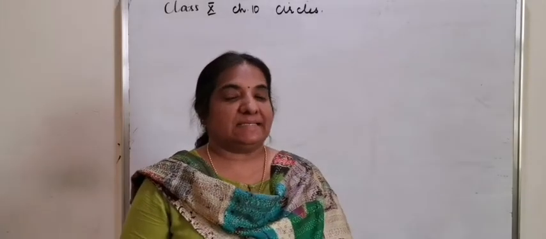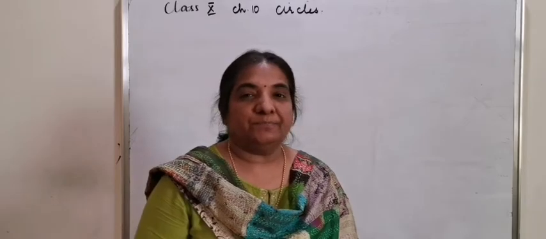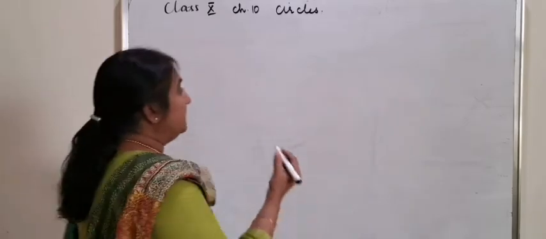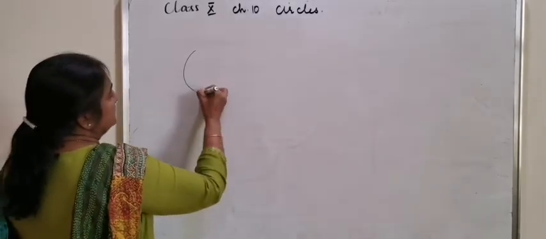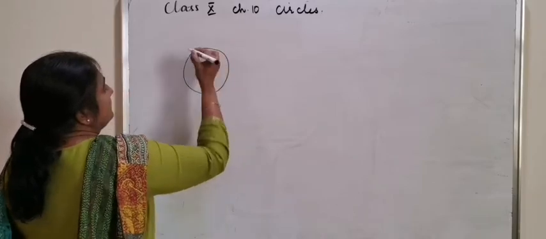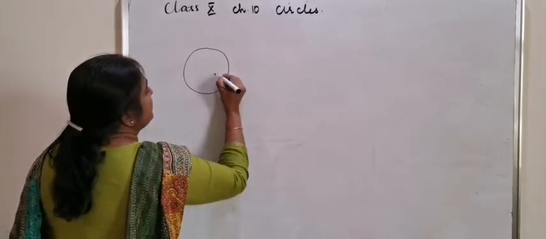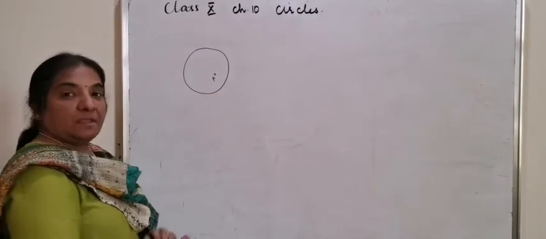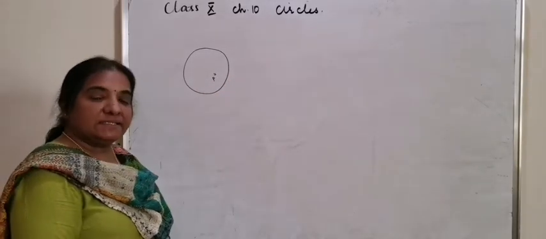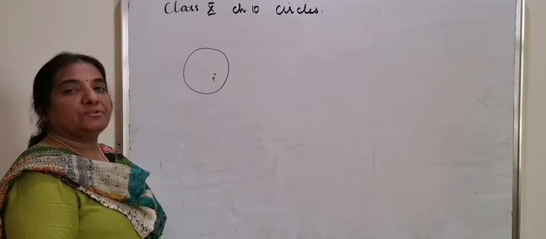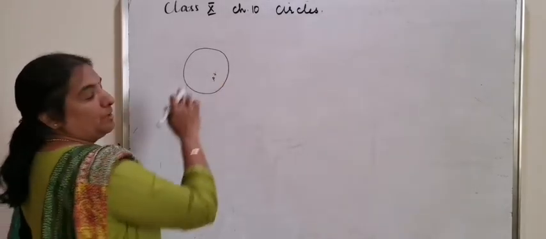Moving on to the next important property. You are given a circle and a point inside the circle. How many tangents can you draw from this point?